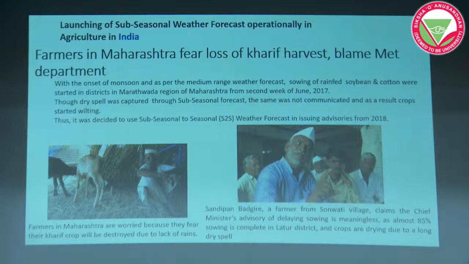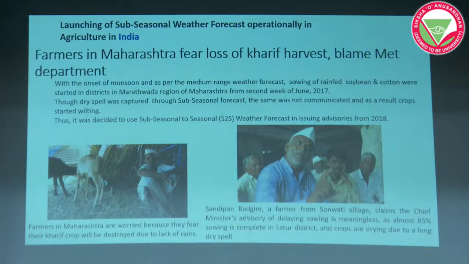In 2016, 17, in Maharashtra, in this Marathwada region, we said that you start sowing soybean and cotton. But after that, a dry spell started coming, and all the crops were damaged. Then a lot of administrative problems came, because that kind of forecast was given, which is not very ethical for the farmers.